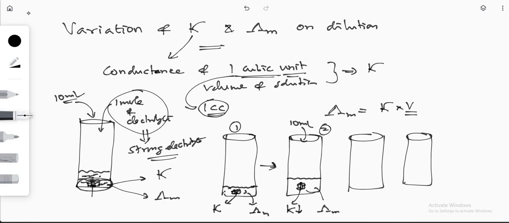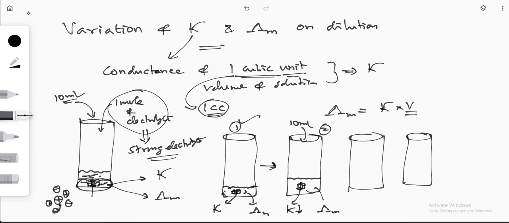What will happen to the total conductance, molar conductance? Students, observe carefully. In the first case, in the concentrated solution, the ions are very close, positive ion, negative ion, they are very close. If the ions are very close, what will happen? There will be a strong attraction between cation and anion. The ions are strongly attracted by means of electrostatic force. So the ion cannot move freely.